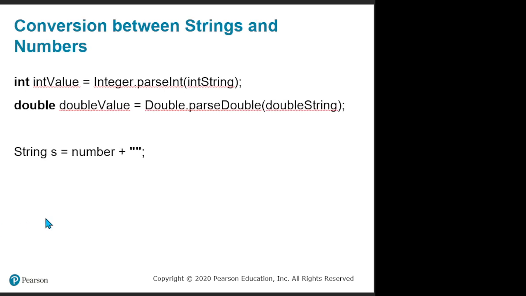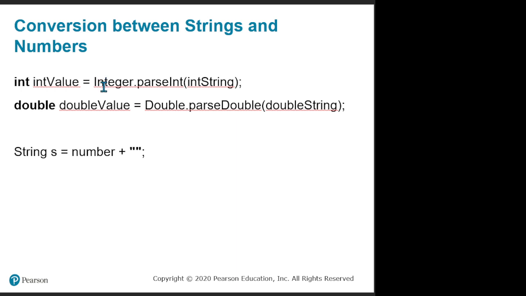You can convert between a string and a numerical value. There are parsers that will take a string, and if it's an integer, turn it numerically into an integer. And the same with doubles. So you take the string value, parse int, and an integer comes back out.